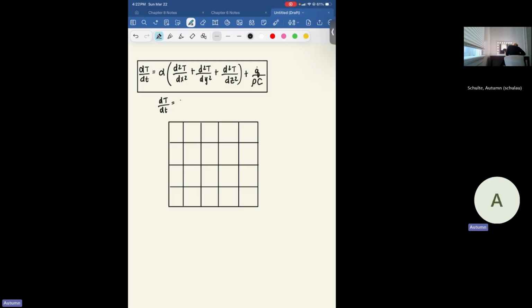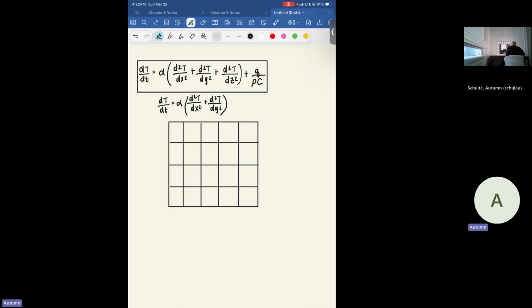This is going to be equal to alpha multiplied by the second derivative of our temperature with respect to x, plus the second derivative of temperature with respect to y. Once again, we're ignoring our z coordinate and we're also ignoring our energy generation.